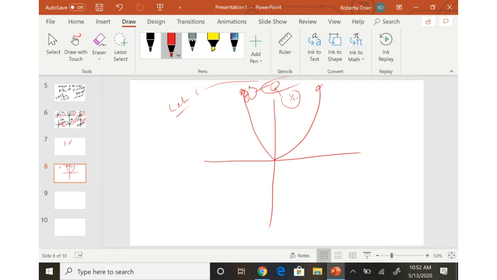All right. Leela, are you going up or down in this situation? Down. Okay. So we would say that this is decreasing. We would say that this is decreasing from negative infinity to 0. Do you agree? Yes. Going down, going down, going down.